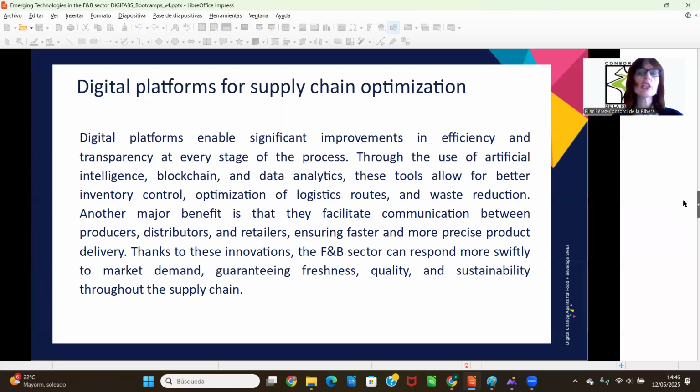Moreover, these digital platforms also allow all the companies in the supply chain from farm to fork to communicate. It's a way to communicate between all producers, distributors, and retailers, ensuring faster and more precise product delivery.